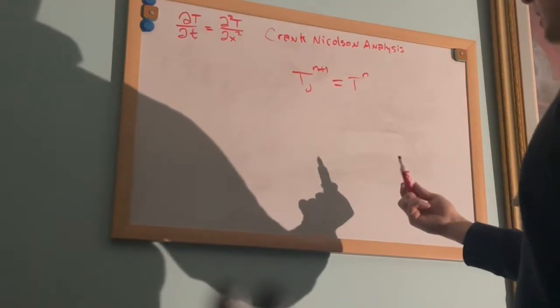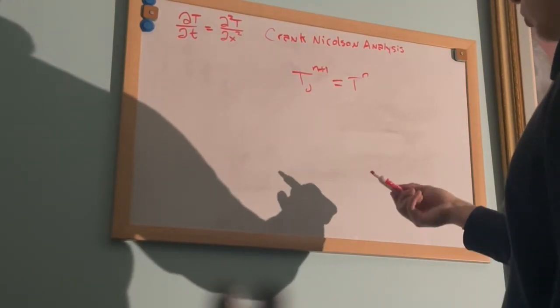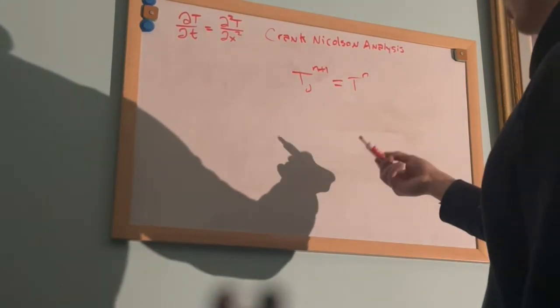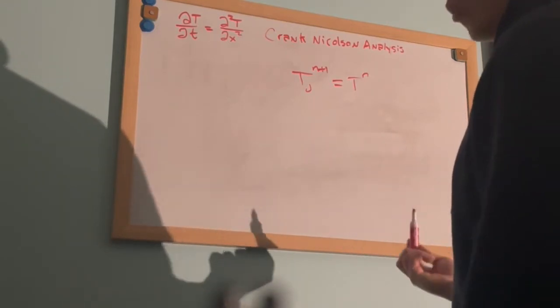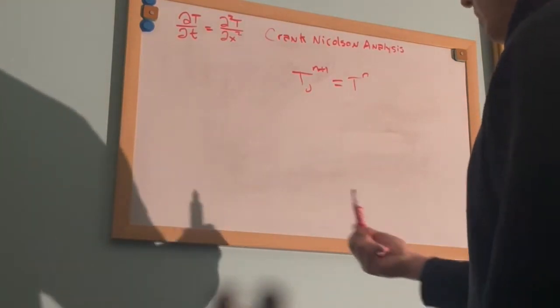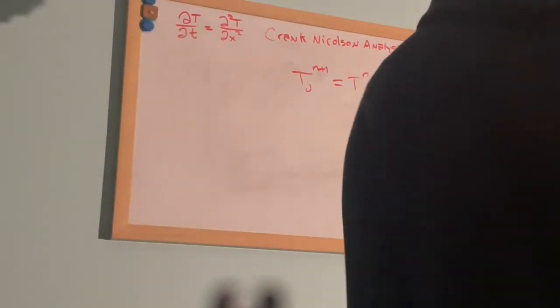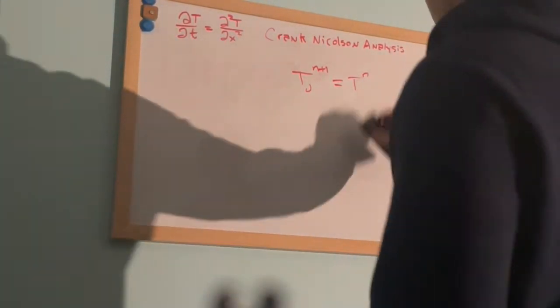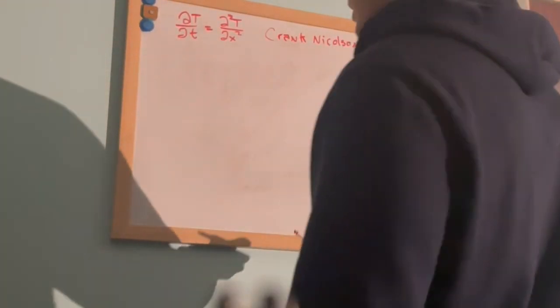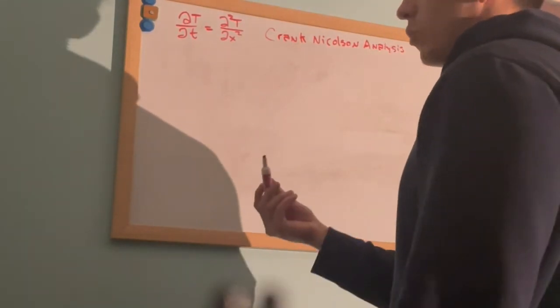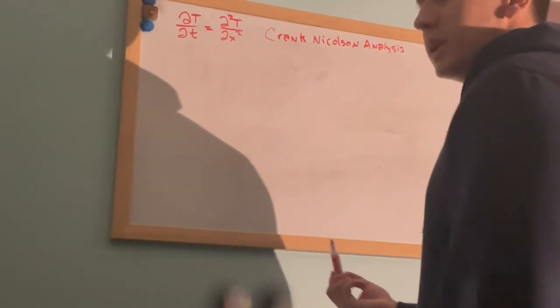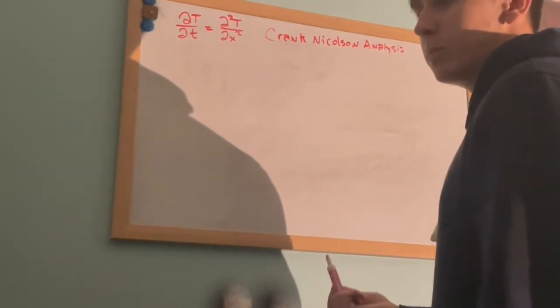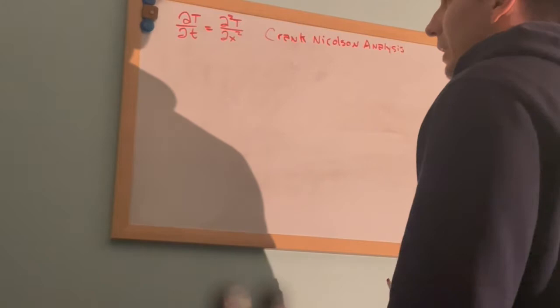The difference now with the Crank-Nicolson analysis is it's implicit, because we are going to look at this as the average of the time ahead that we're looking at and the time right before it, and it's just going to be a matter of taking the sum of those two and dividing that by 2.